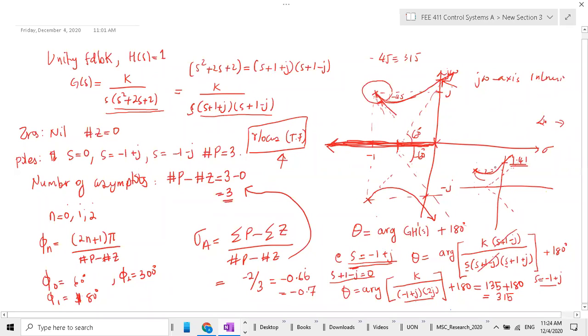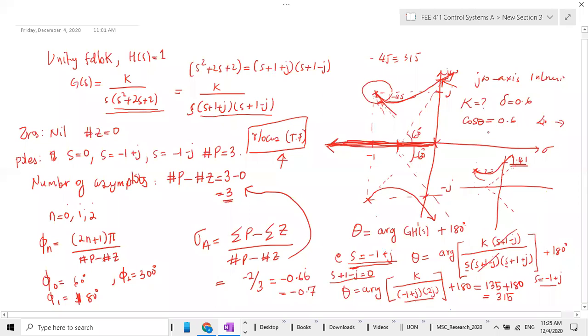Like if you have plotted this system and you are told to find K for a damping ratio of 0.6, we know that cos of theta equals 0.6, where 0.6 is the damping ratio.